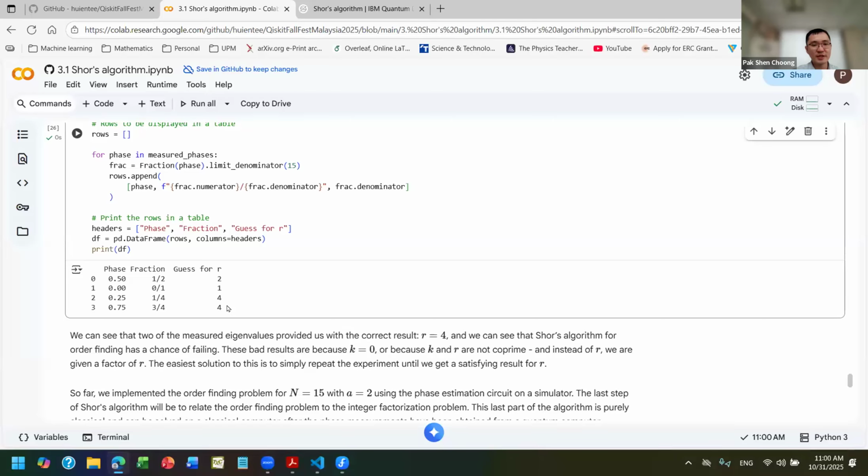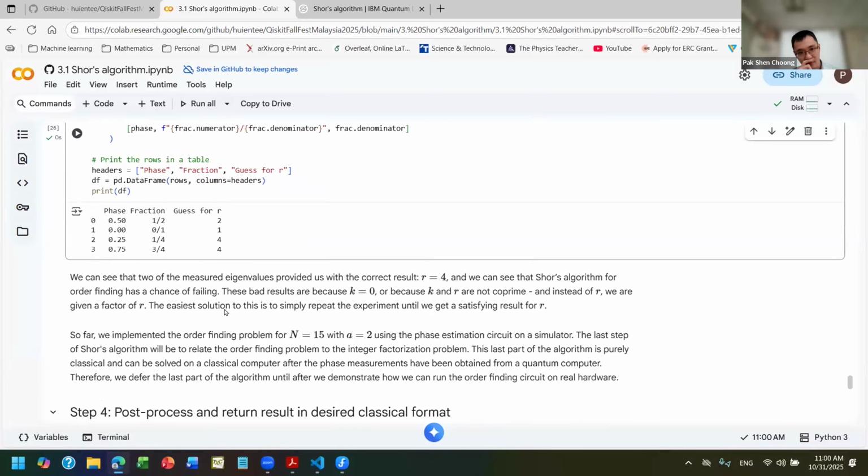So you don't necessarily get the result that you want, but in this case, you get the result, which is 4. That is the cycle for 2. Like we saw just now at the very beginning when we did the modular exercise, you see that the cycle is 4. So that would be your correct answer.